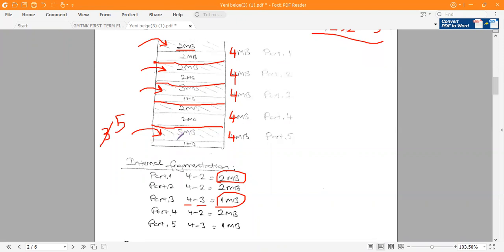In this case, because the partition size is smaller than the process size, it will not fit. So that process will not be executed. So you have to answer like that. Just remember this.